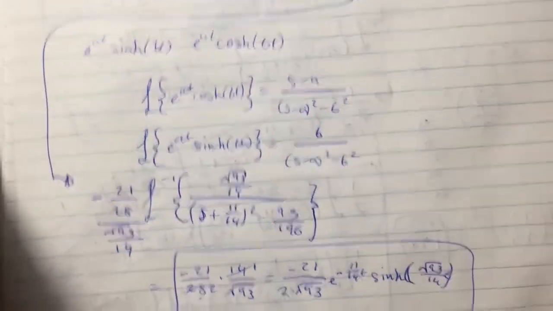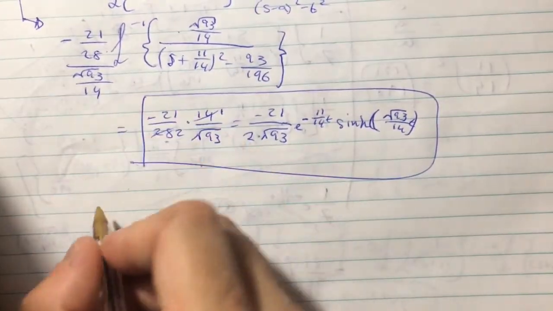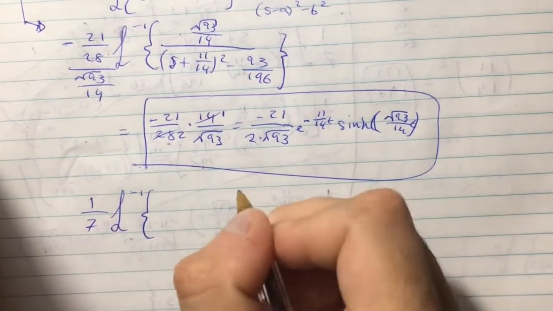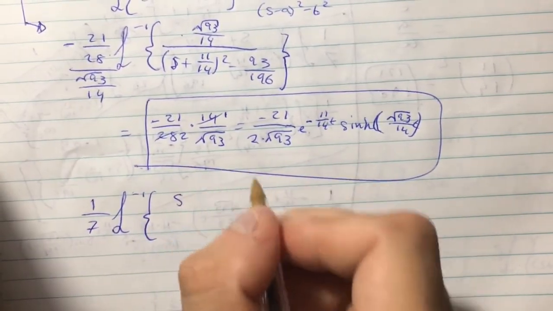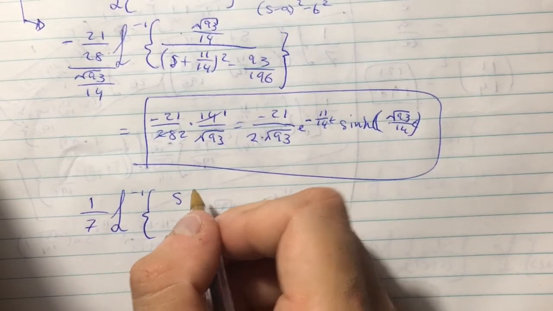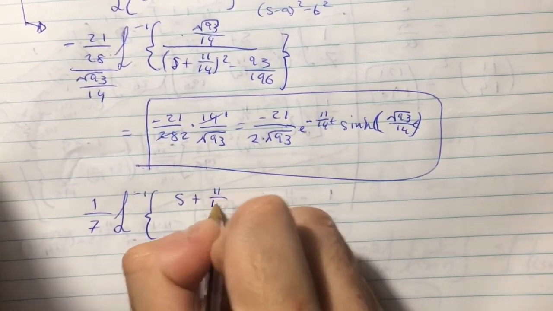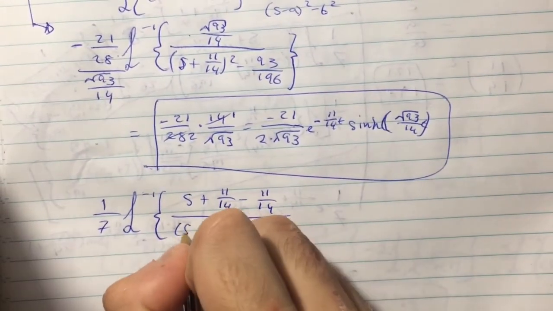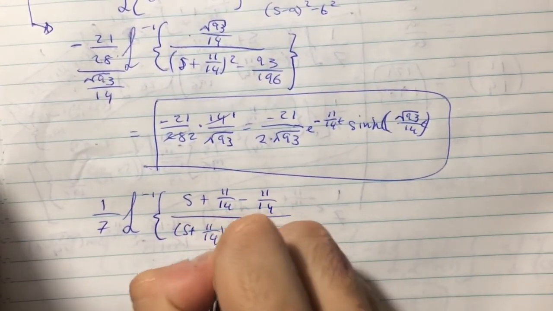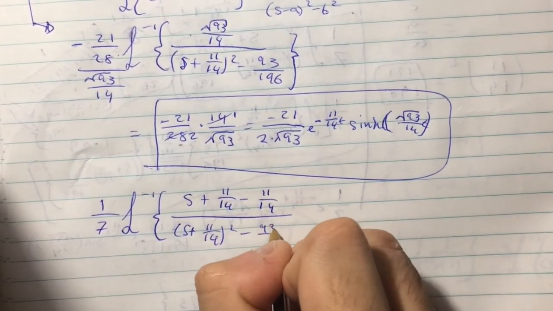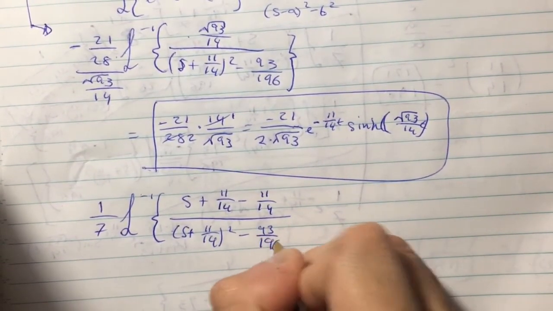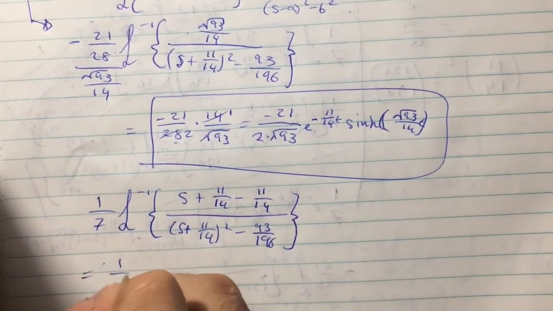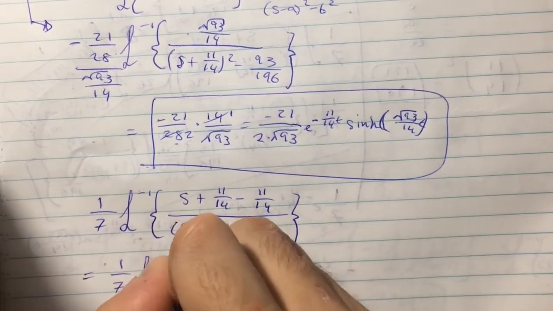But now I have to do the hard part real quick. So let's do it right now. So 1/7 the inverse Laplace transform of s. Now I have to get s minus a. So plus 11 over 14 minus 11 over 14, all over s plus 11 over 14 squared minus 93 over 196. Now that's going to be equal to 1/7 the inverse Laplace transform.